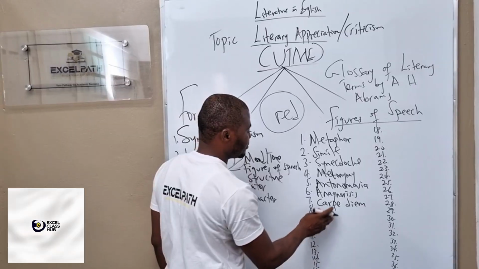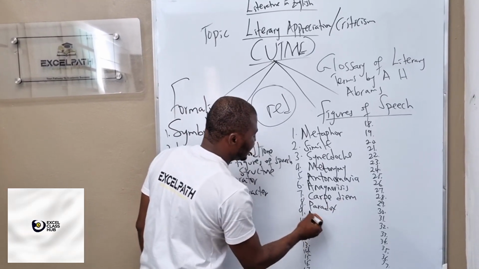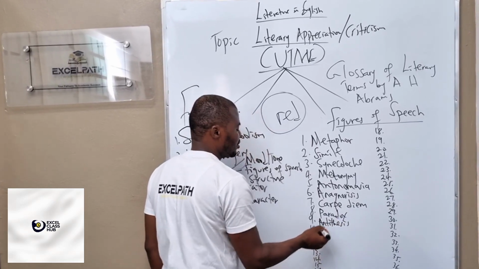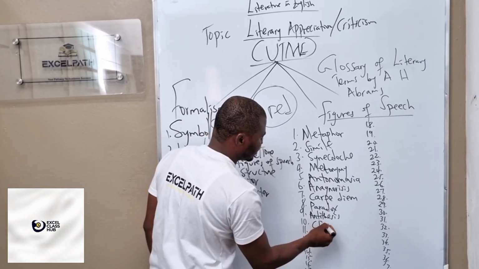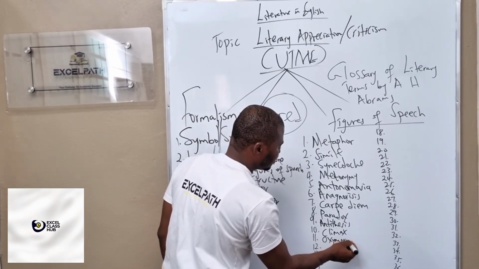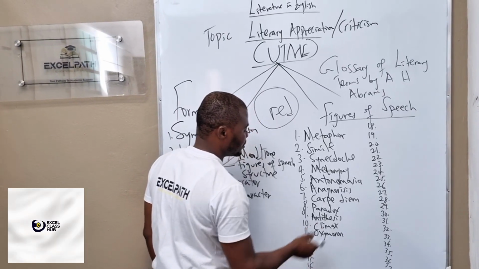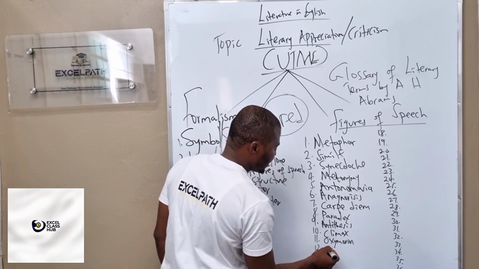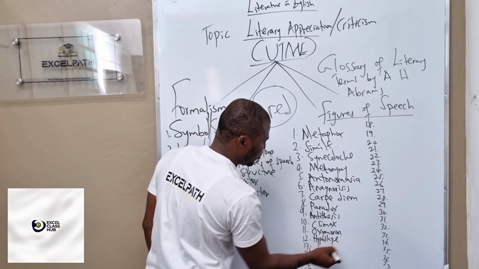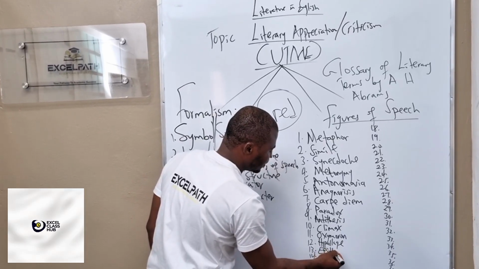Another one is paradox. Another one is antithesis. Another one is climax. Another one is oxymoron. Another one is hyperbaton. Another one is epithet.